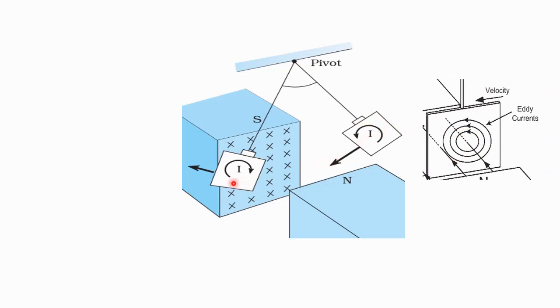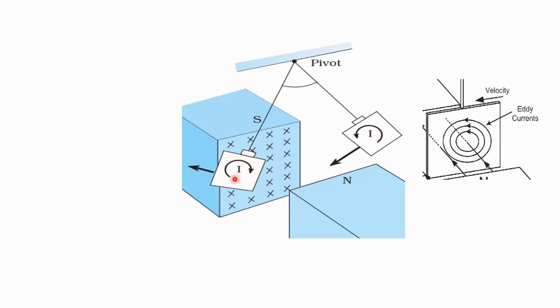And on the left side, when the conductive metal sheet leaves the magnetic field, the flux linked with it will reduce, and similarly eddy currents are induced in the conductive metal sheet. But the direction of eddy current here is clockwise, which is opposite to the eddy currents developed when the metal sheet is entering the magnetic region.